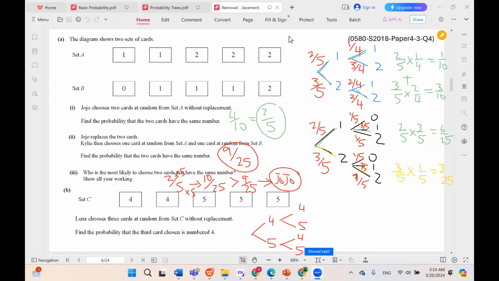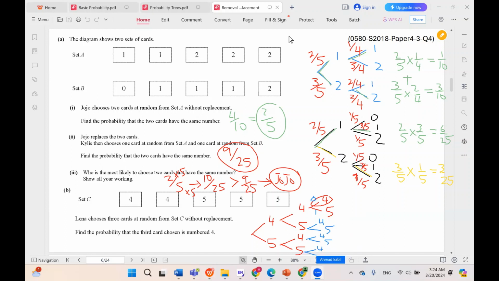Now, if she chooses two 4s, we cannot really say that she can get a 4 here, because there are no more 4s to choose. So here the probability is actually 0, and here the probability is actually 1. But for the other scenarios, this isn't the case. She can choose 4 or 5, and this would not be a problem.